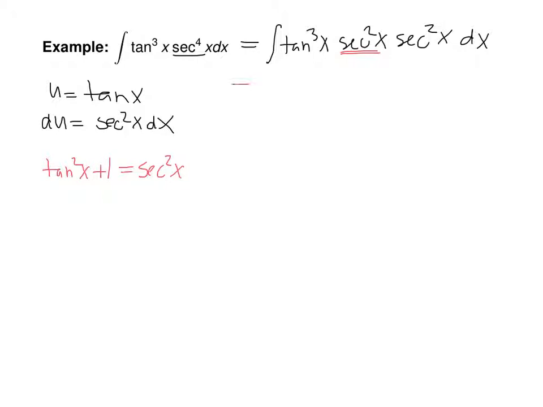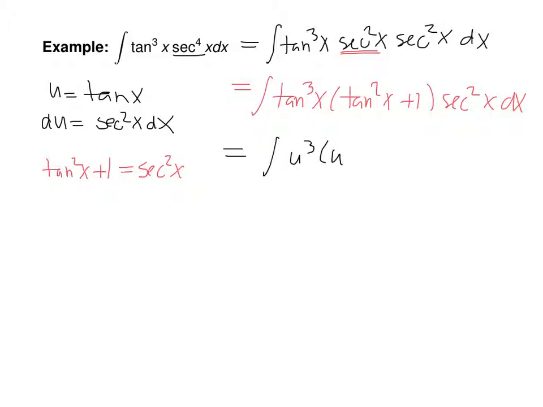So this can become the integral of tangent cubed x multiplied by tangent squared x plus 1, secant squared x dx. And I'll make the substitution, and we'll have the integral of u to the third times u squared plus 1 du.